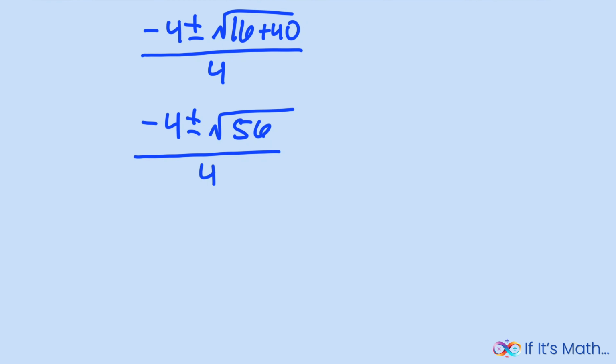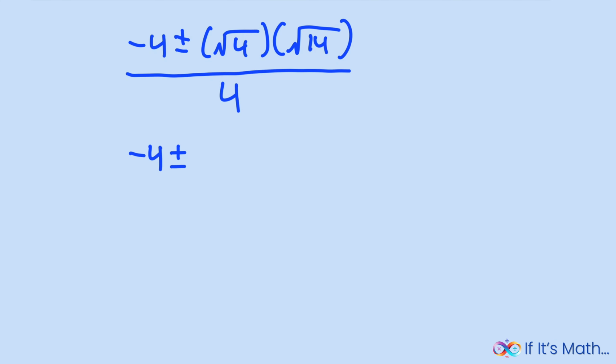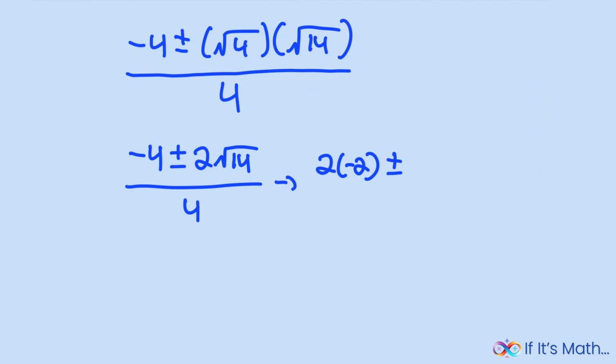But now the problem becomes that 56 doesn't come out evenly, but we can pull a square root of 4 out of it. So that'll give us negative 4 plus and minus the square root of 4 times the square root of 14, because 4 times 14 gives you 56. So that gives us negative 4 plus and minus 2 times the square root of 14, over 4. Now we can split that out: 2 times negative 2 plus and minus the square root of 14, over 2 times 2, so we can cancel out those 2's.